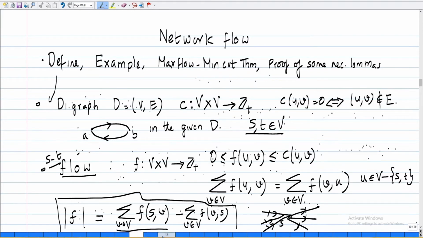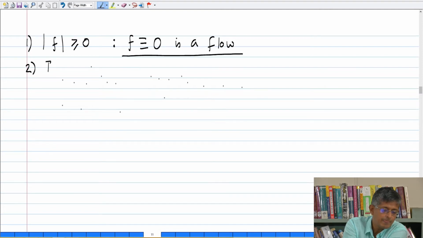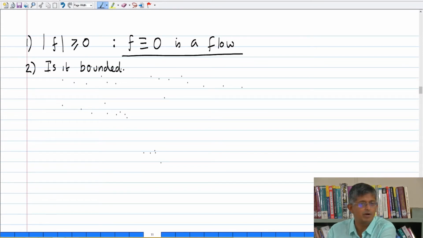Therefore, the value of that flow is also equal to 0. Therefore, the value of the maximum flow is at least 0. It's a non-negative number. It's a very important thing. So we are interested in a couple of questions, and we will try to answer them during this lecture. Is it bounded?